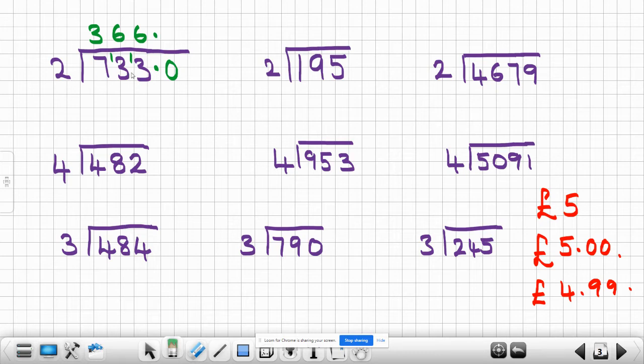So we've said 2's into 13 goes 6 times. There's 1 remainder. We're going to carry it over like we have every other time and put it in front of that 0 to make 10. And then we say, how many 2's in 10? There are 5.